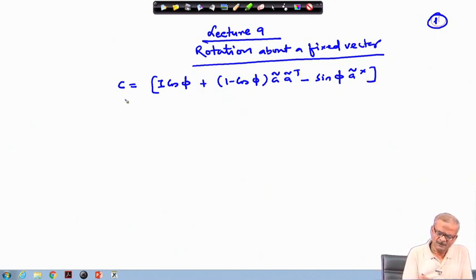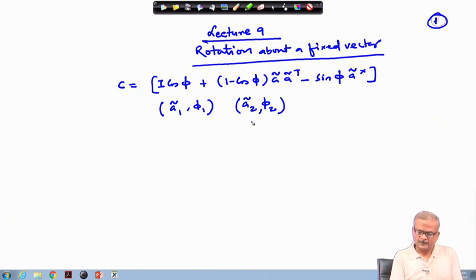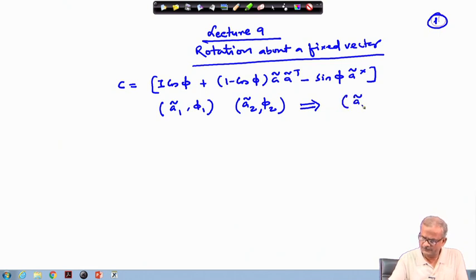Okay. And then we saw that if we are looking for the composite of two consecutive rotations, where the first rotation is given by A 1 tilde, phi 1 and the second rotation by A 2 tilde, phi 2, then the equivalent of these two can be given by a whole rotation about one single axis, A tilde 3, where A tilde 3 is again a unit vector.